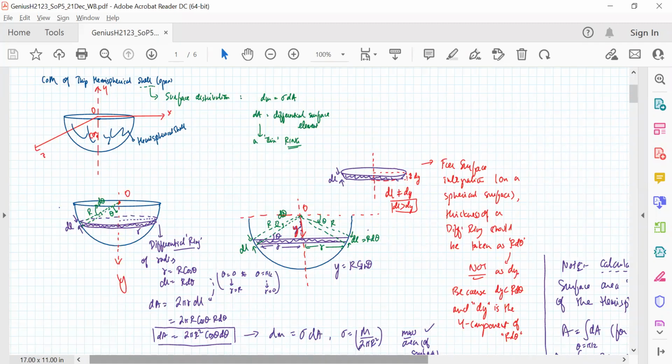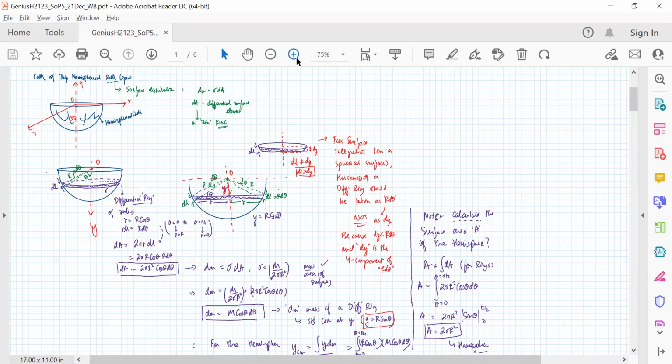The disc was a volume, so we had to consider the thickness of the disc as dy and not as dl. That is one important point to remember when we are applying integration: the difference between integrating over the surface of a hemisphere versus over the volume of a sphere or a hemisphere. When we slice a volume into discs, the thickness should be taken as dy. Whereas when we slice a surface into rings, the thickness should be taken as dl.